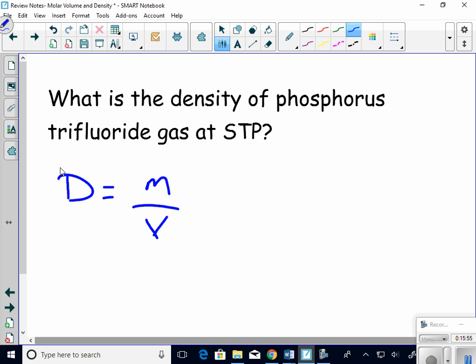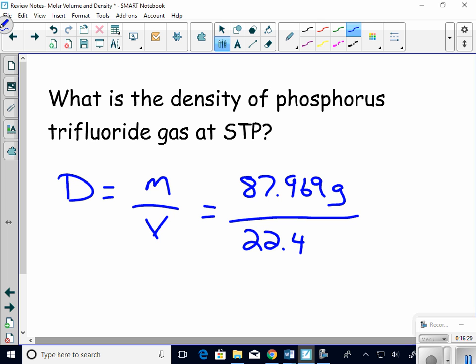Wow! Can I get the molar mass of phosphorus trifluoride? Absolutely. I just add them up. So when I did so on the periodic table, I saw that my phosphorus trifluoride had a molar mass of 87.969 grams. What is my molar volume? At STP, my molar volume of a gas is going to be 22.4 liters.